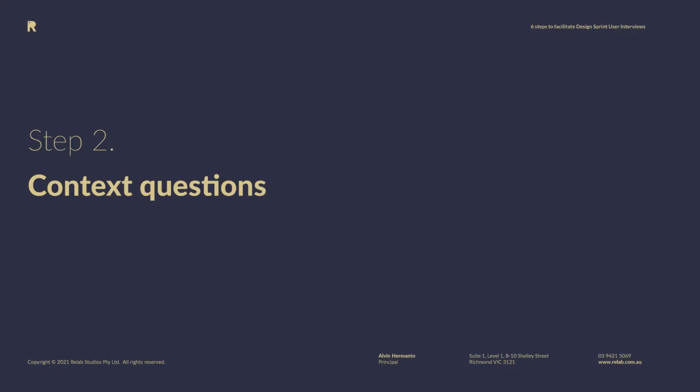Step number 2 is the context questions. It's really just you as a human trying to get to know another human. It's really about understanding their role, and depending on what the product is that you're testing, you want to understand general things. What do they do on a daily basis that is relevant to why they are a user tester?